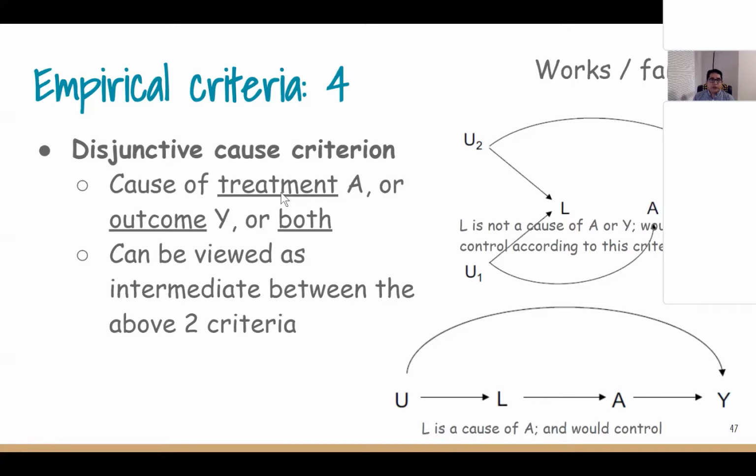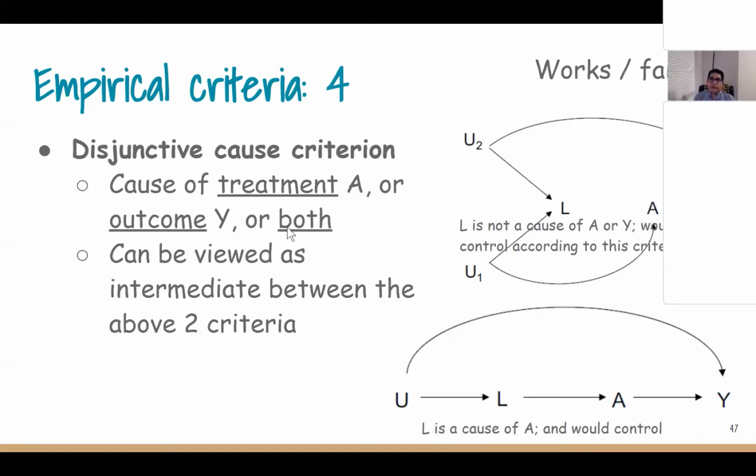So that means that it does not have to be a common cause. When you are talking about both, that is a common cause. But this criterion is more liberal in the sense that we are talking about not only the variables that impact your treatment, but also the variables that are impacting your outcome. Do you see how they are different?